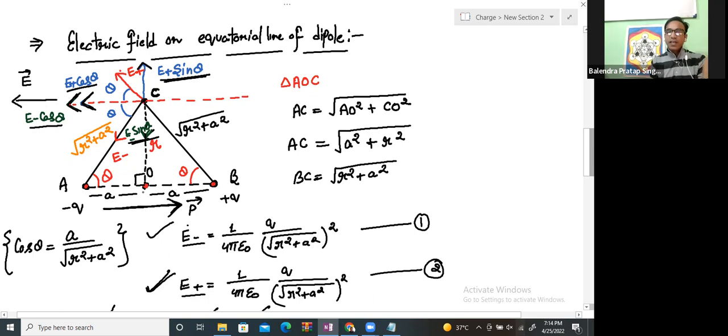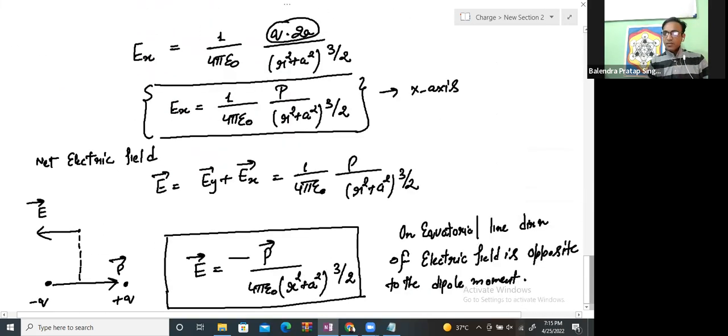So in this case, they are anti-parallel. That's why we get a negative sign here.